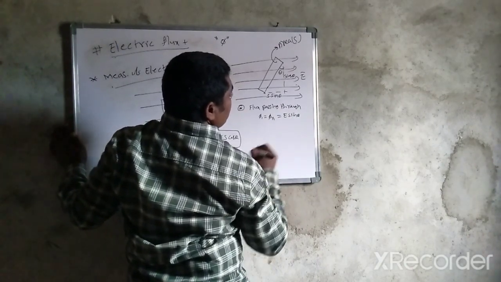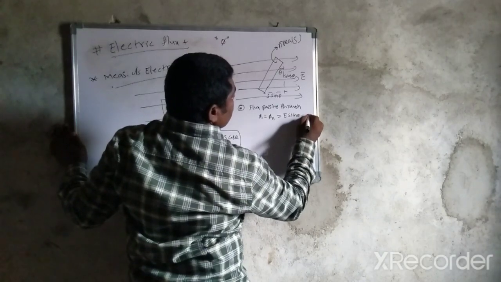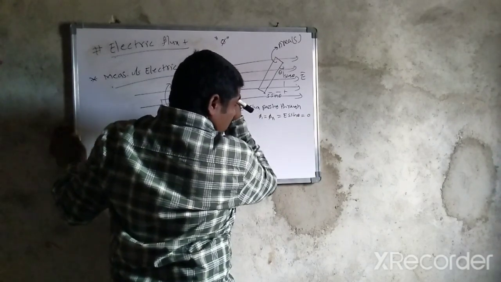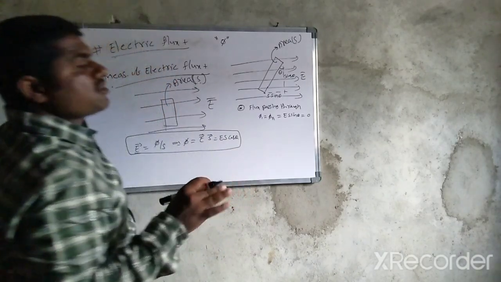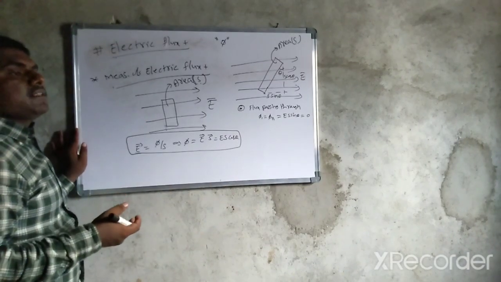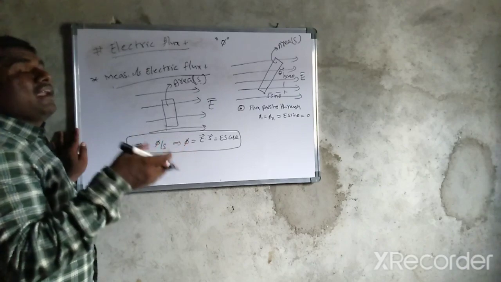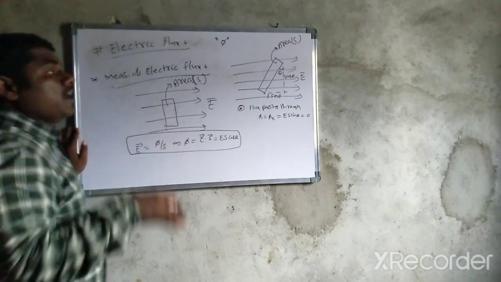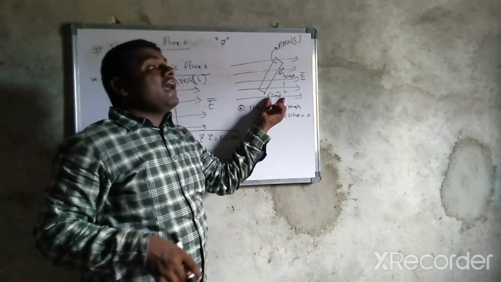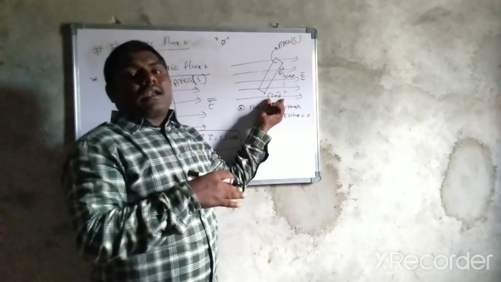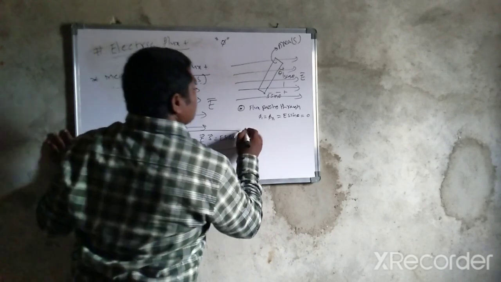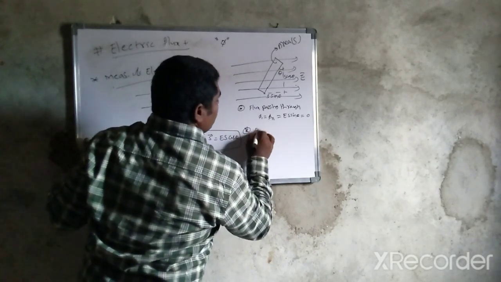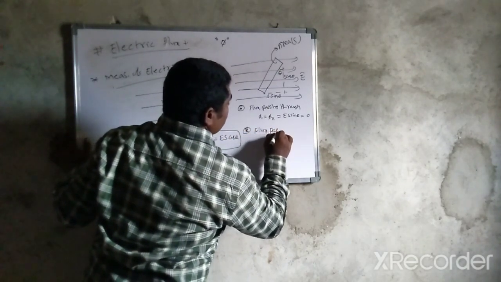Here the value is equal to 0, because no electric flux passes through that. Already I said normal to the area; normal means perpendicular area, but S sin theta is the area parallel, not normal. That's why here it is 0.